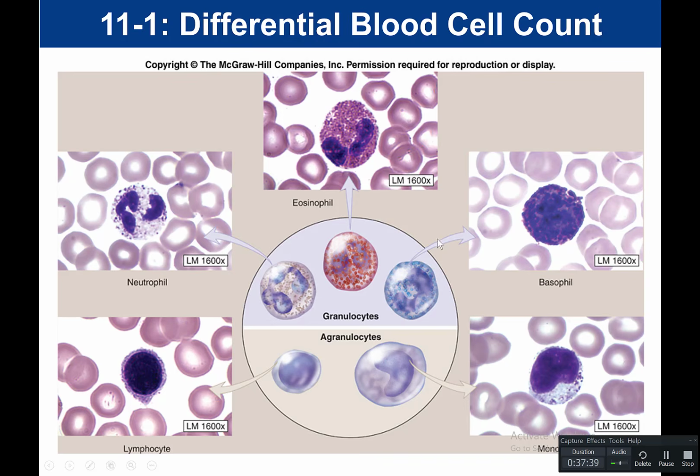The thing that you want to distinguish between them is look at the size. This cell is much larger relative to the red blood cell, whereas the lymphocyte, its size is more comparable to the red blood cells. Monocyte has this horseshoe-shaped nucleus. Neutrophil has this nucleus that can be multi-lobed in this case.